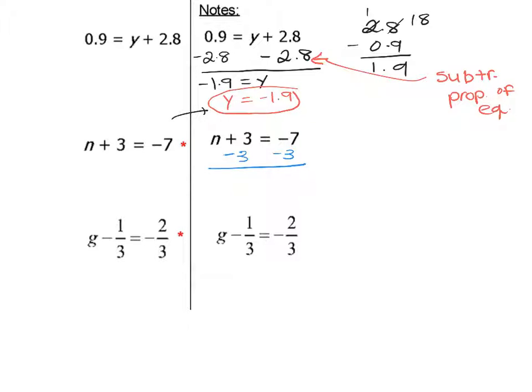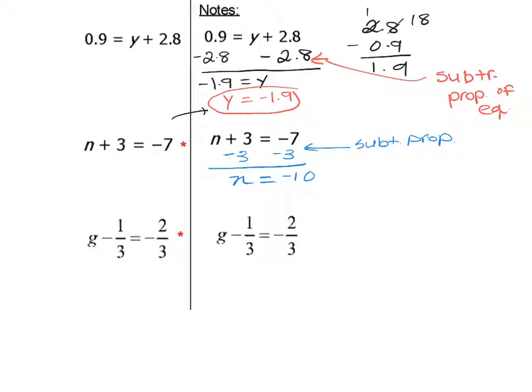I'm going to rewrite this n equals, what's negative 7 minus 3? 10. Yeah, negative 10. Perfect. Again, this is also the subtraction property of equality. Anytime I subtract, it's that subtraction property.